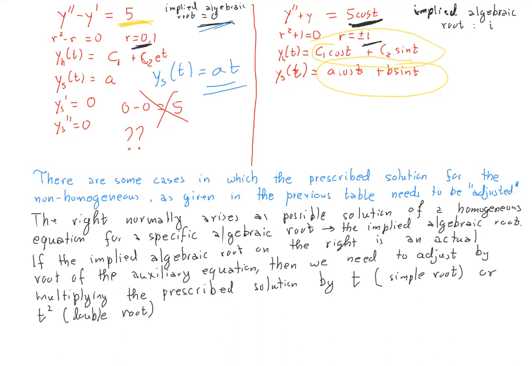Because the implied algebraic root is the simple root of the auxiliary equation. And let's come to this one. The correct adjusted solution should be a cosine t plus b sine t, which is what you supposed, times t.